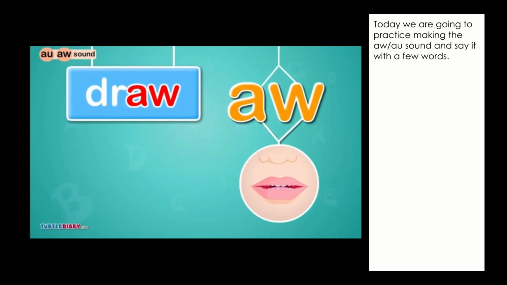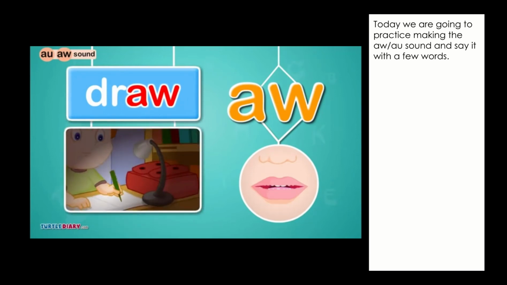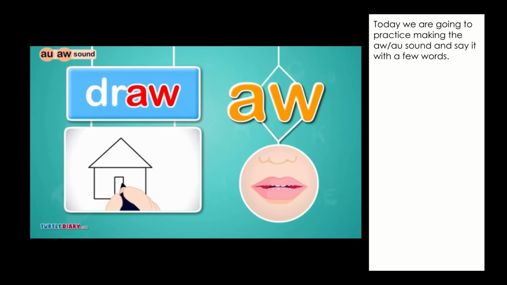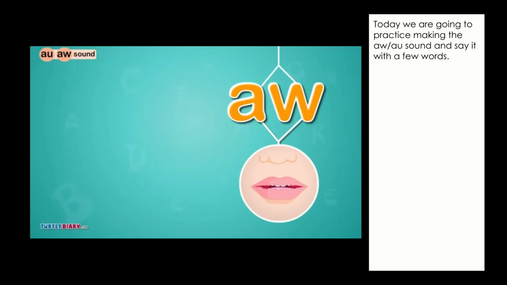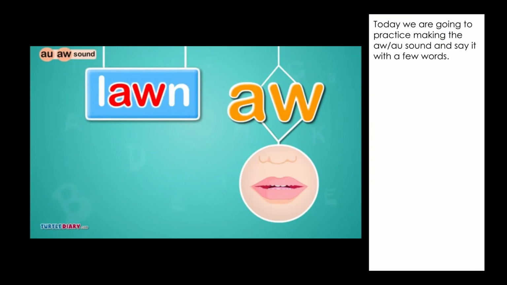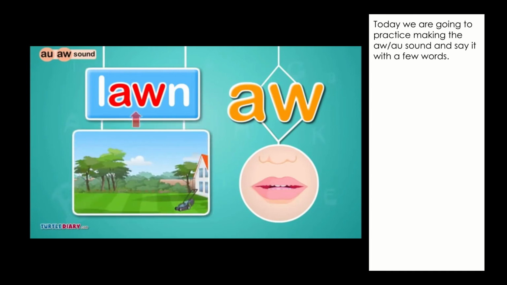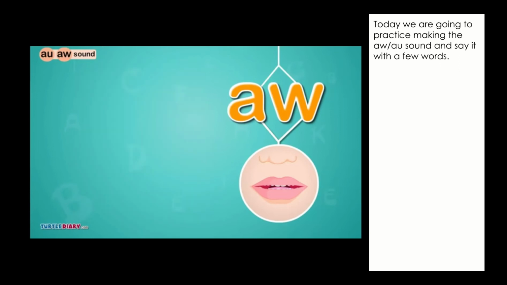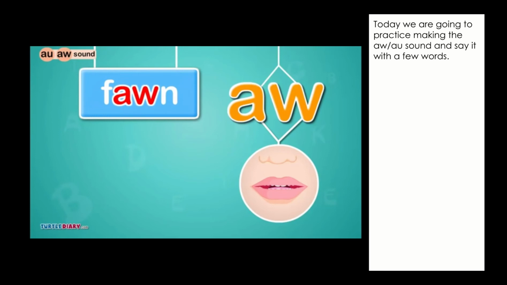Click on the letter that makes the ah sound. Draw. Click on the letter that makes the ah sound. Lawn. Click on the letter that makes the ah sound.